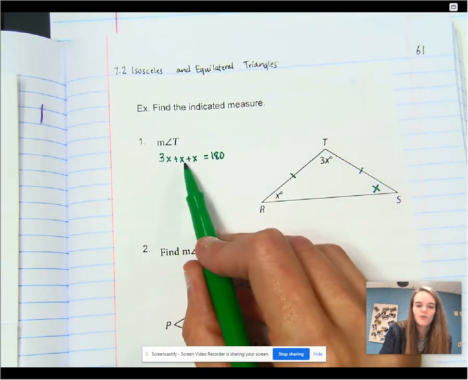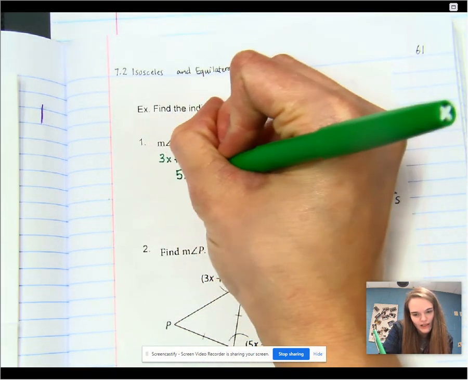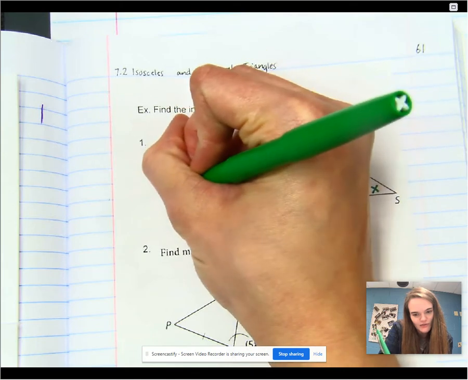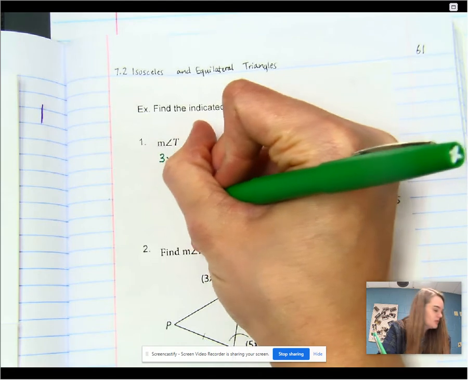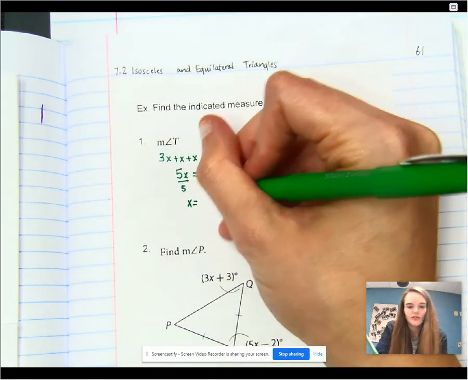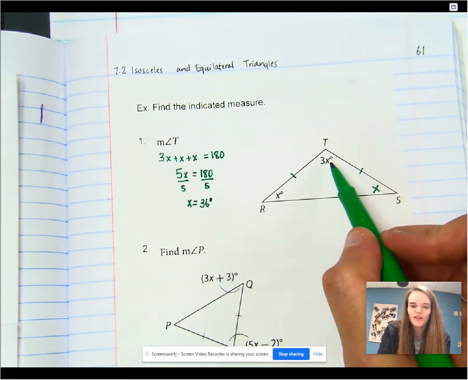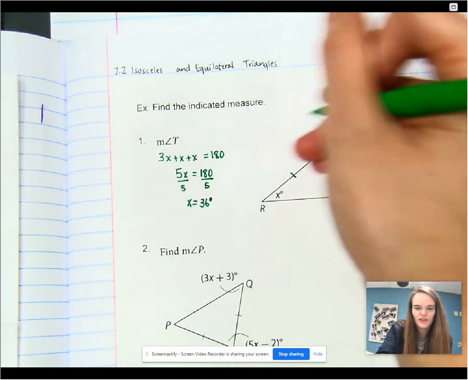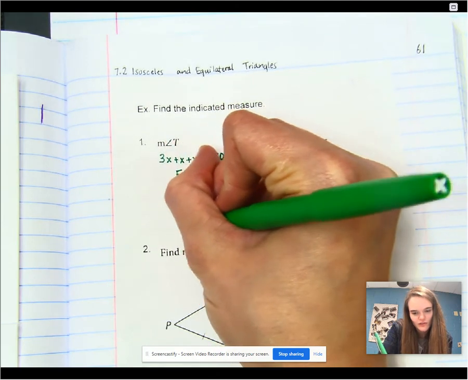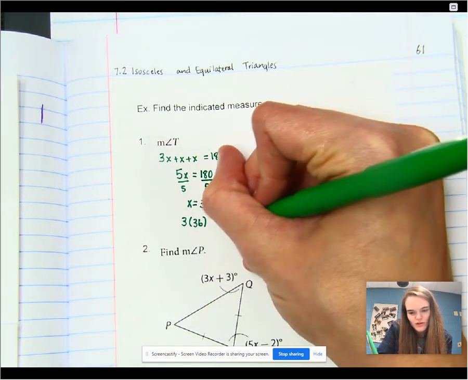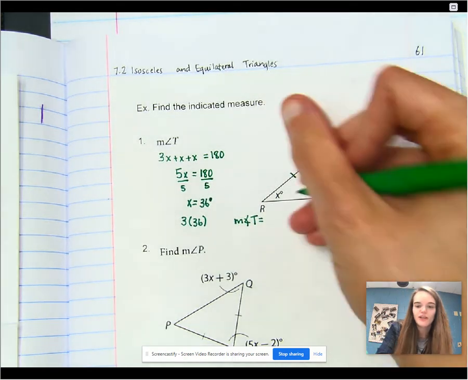So 5X equals 180. Divide by 5. X equals 36. Angle T is 3 times 36, so the measure of angle T is equal to 108 degrees.